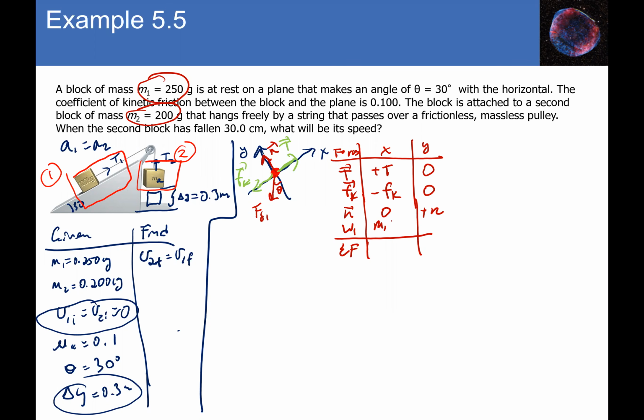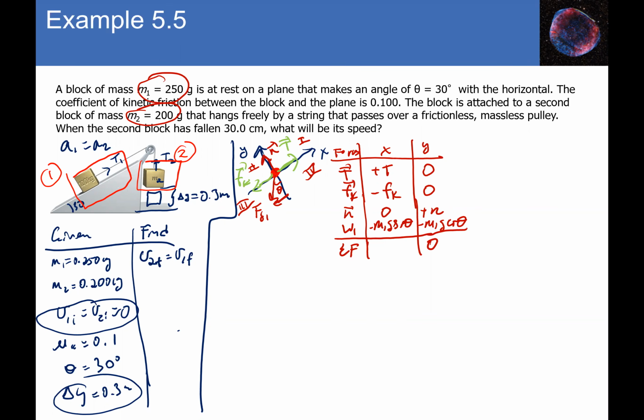So I have m1g sine theta for the x component, because remember, the x component will be this guy over here. And then m1g cosine theta for the y component. Since I'm taking up as positive, this is the first quadrant, second quadrant, third quadrant, and then this is the fourth quadrant. That means gravity is acting in the third quadrant, so negative, negative.